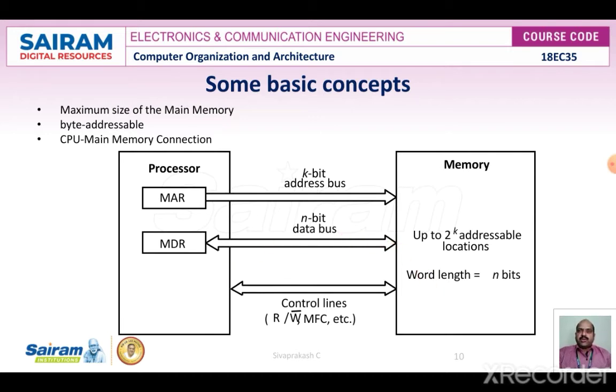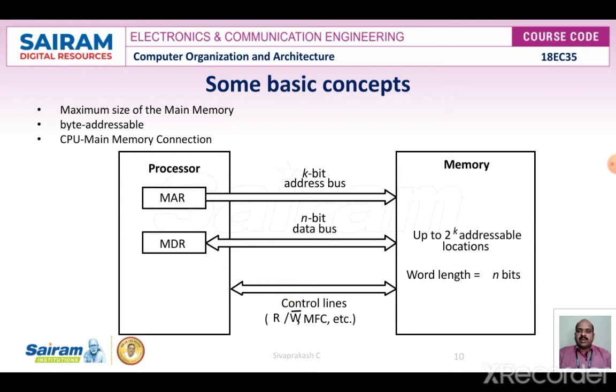Here, the processor reads data from the memory by loading the address of the required memory location into the MAR, and setting the read or write line, for example, read/write bar, to 1.